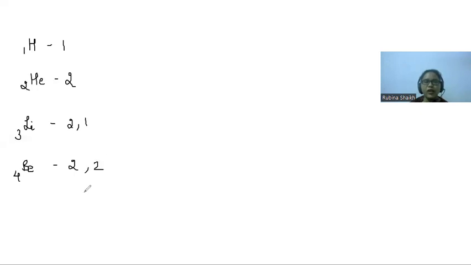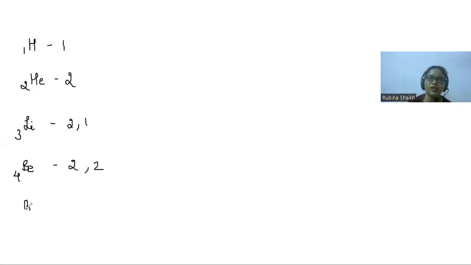The next orbit can hold 8 electrons. Like if you have a house with 2 rooms, and the first room can hold only 2 people, we put 2 people there. The next room can hold 8 people, so we can put the rest of the people in the next room, up to 8 people.